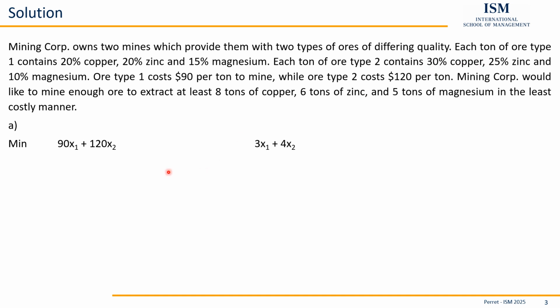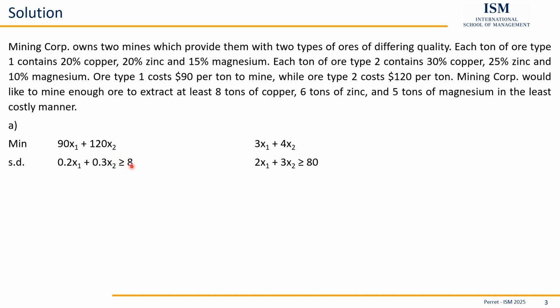This can be used to say, okay, with 20% of each ton I get copper. Each type 2 ore yields 30%, so 0.3 tons of copper ore. Those two added up is the total amount of copper which I get from my type 1 and type 2 ores.